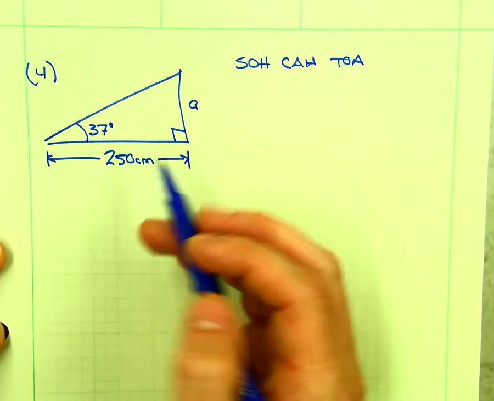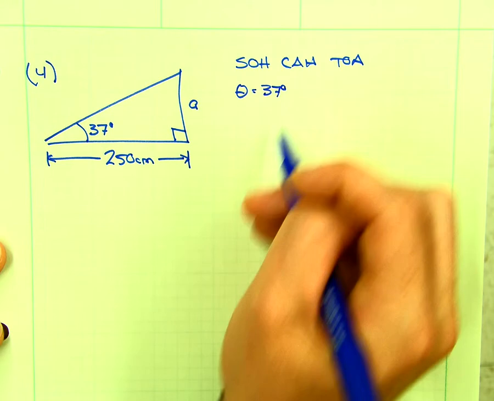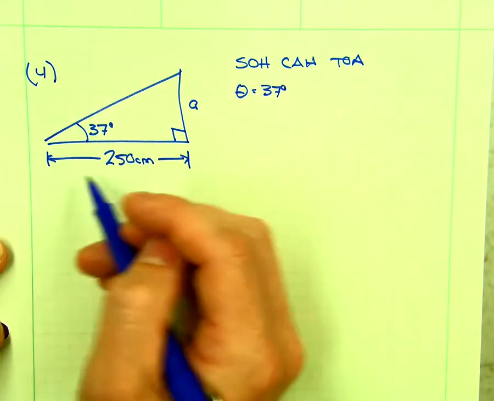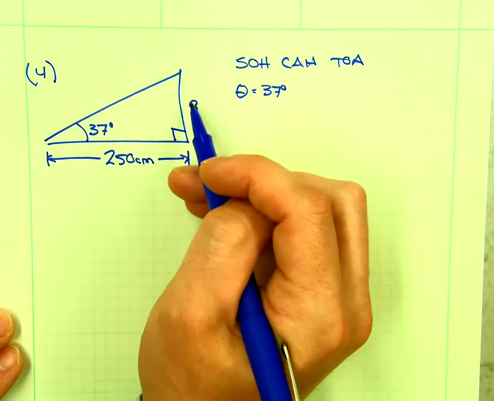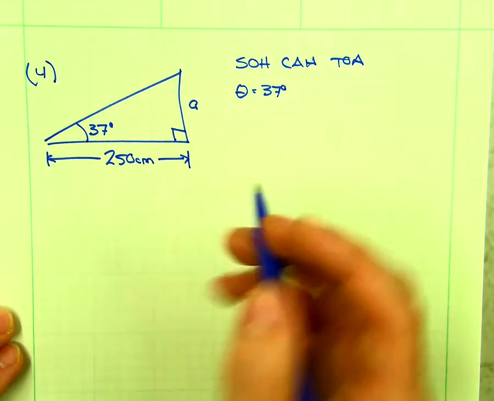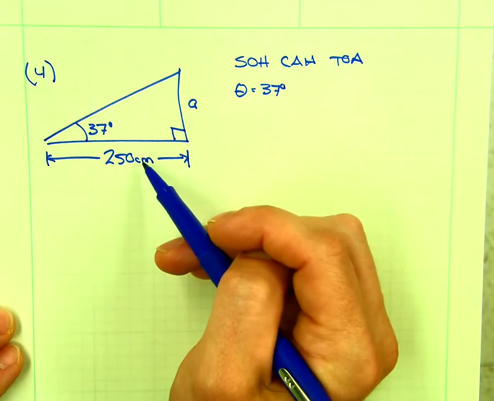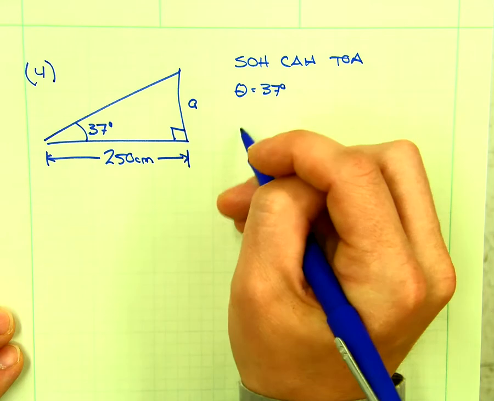So I look at what I've got. I've got an angle, so I know theta is going to be 37 degrees. And I've got my adjacent length right here, and I'm looking for my opposite. I know it's labeled with an A, but it's the opposite of the angle right here. So I've got an adjacent, and I'm looking for an opposite, so that tells me I'm going to use my tangent.